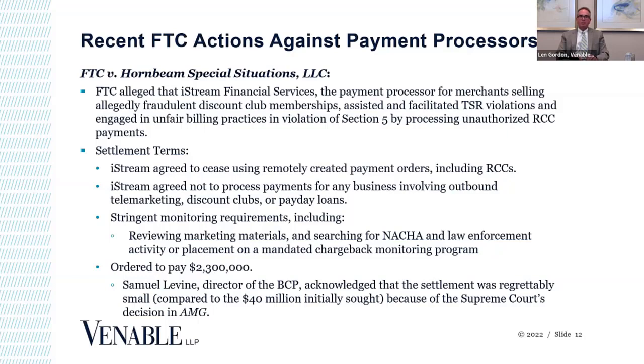And I will tell you that actually requiring that in writing is, to some extent, doing the processor a favor, because one of the issues that you frequently see is issues in a file that say, hey, this merchant's got a problem, and it gets addressed, people talk about it, but the file isn't well papered as to why the merchant was allowed to continue. You saw that in the UGA case. So by requiring the processor to document the decision to continue, you're sort of almost helping the processor protect itself.